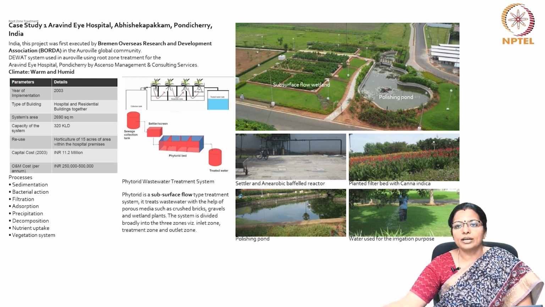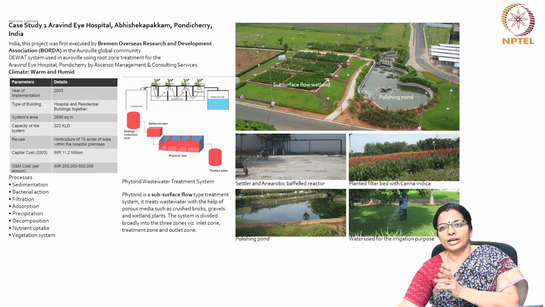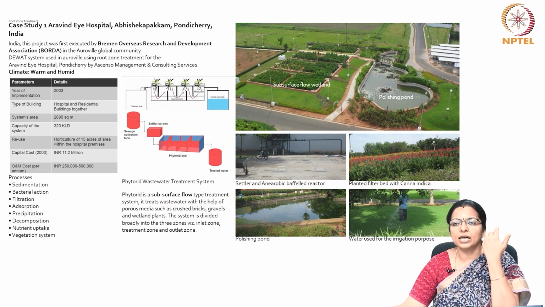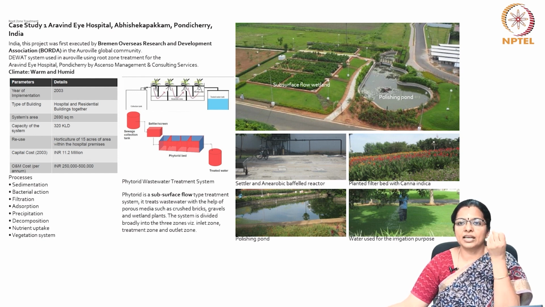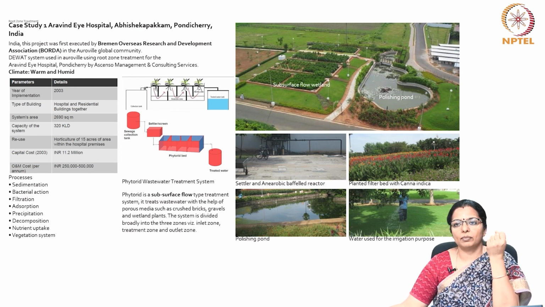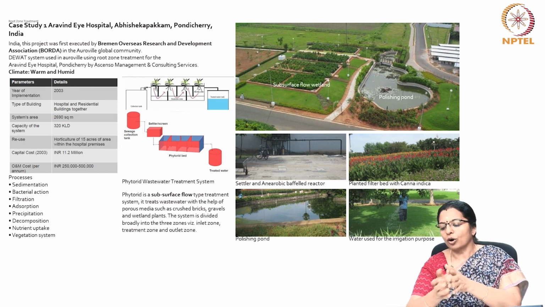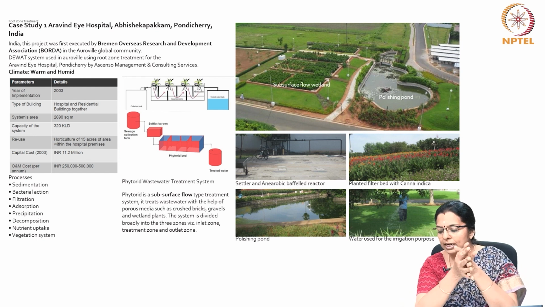Phytorid, which is a subsurface flow type treatment system, is used to treat the wastewater with the help of porous media like crushed bricks, gravels and wetland plants. This system is divided broadly into three zones: inlet zone, treatment zone and outlet zone. The water which comes out of the outlet is used for irrigation purposes.